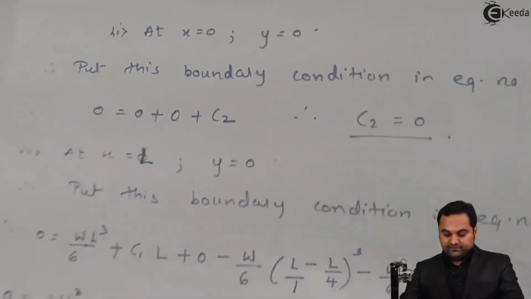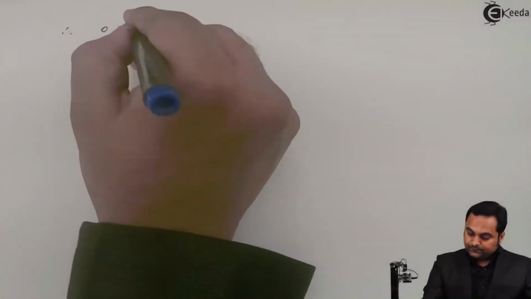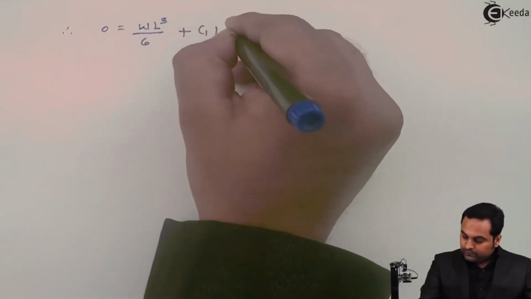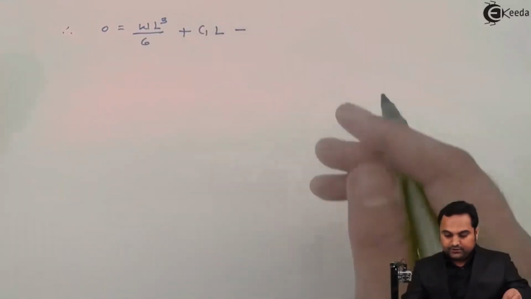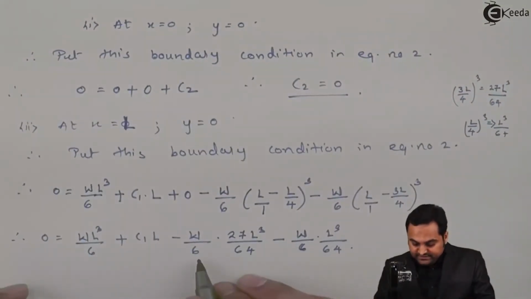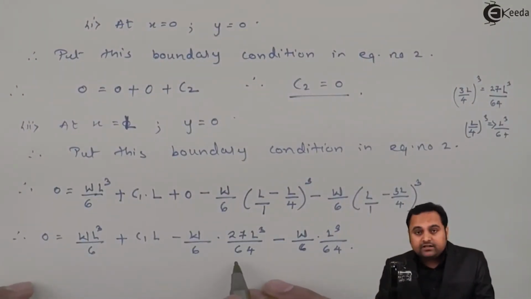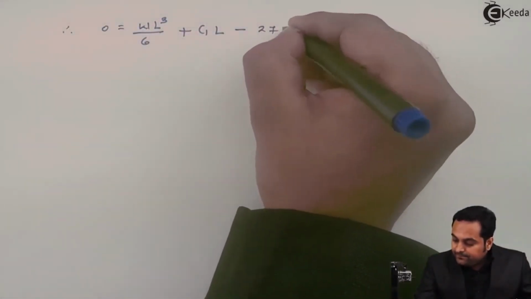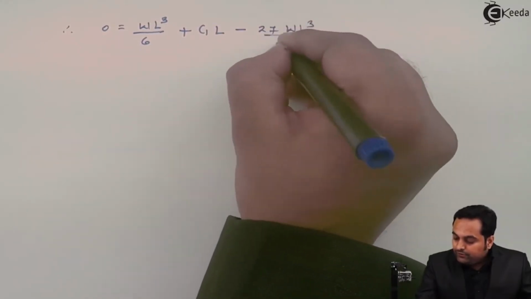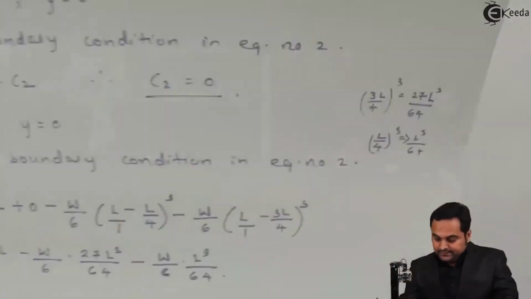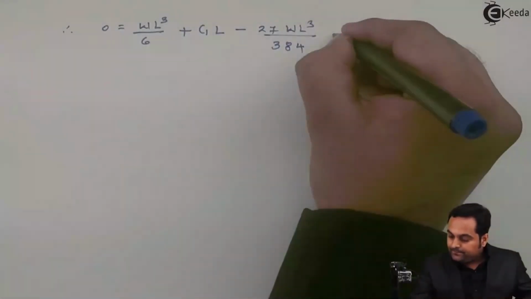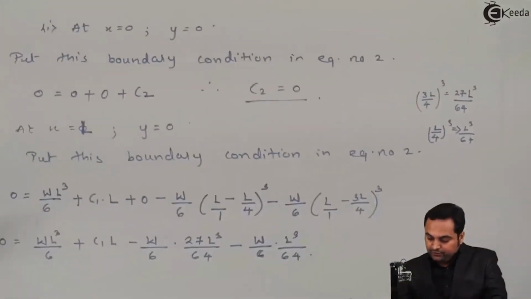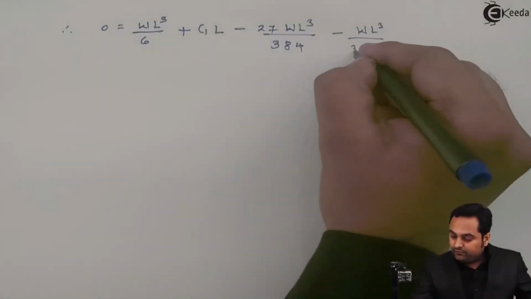So on further simplification, now minus, here 6 into 64 in the denominator comes out to be 384. So minus 27 WL cube upon 384. Then minus WL cube upon, again 6 into 64 in the denominator, that is 384.